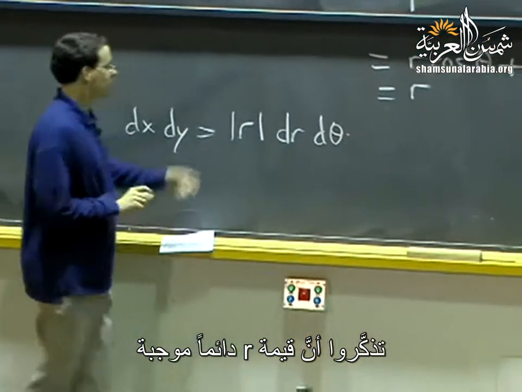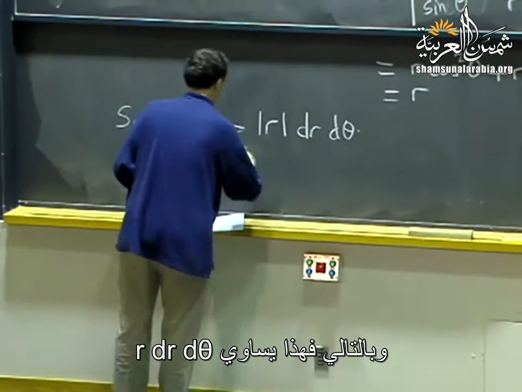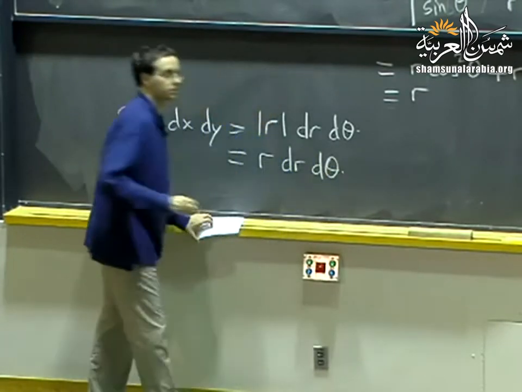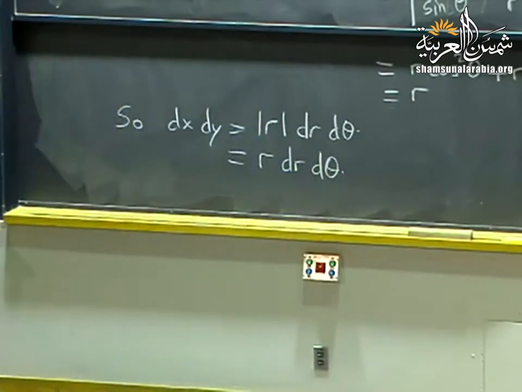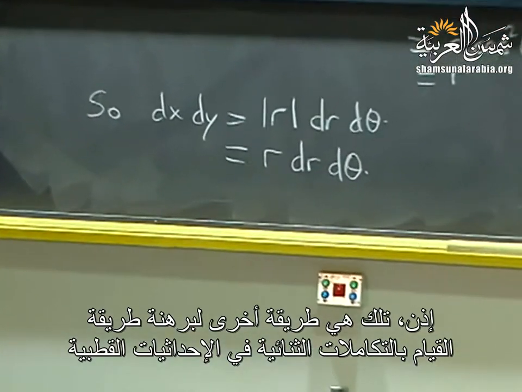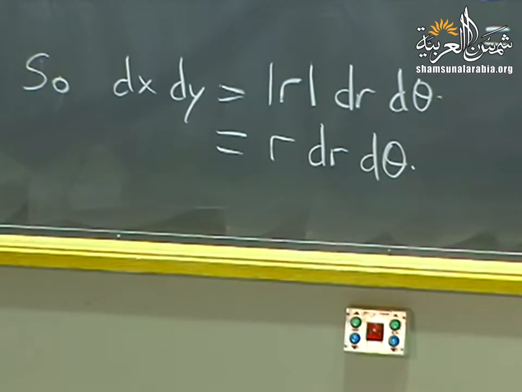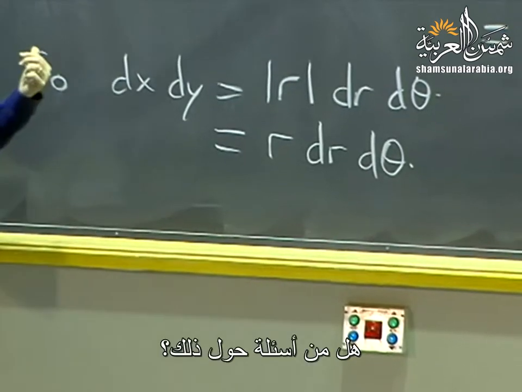But remember that r is always positive, so it's r dr d theta. Okay? So that's another way to justify how we did double integrals in polar coordinates. Any questions on that?